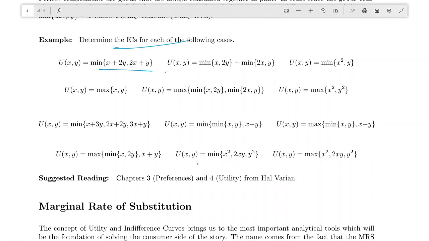Now let's take another case. Sorry, min of x comma 2y plus min of 2x comma y.